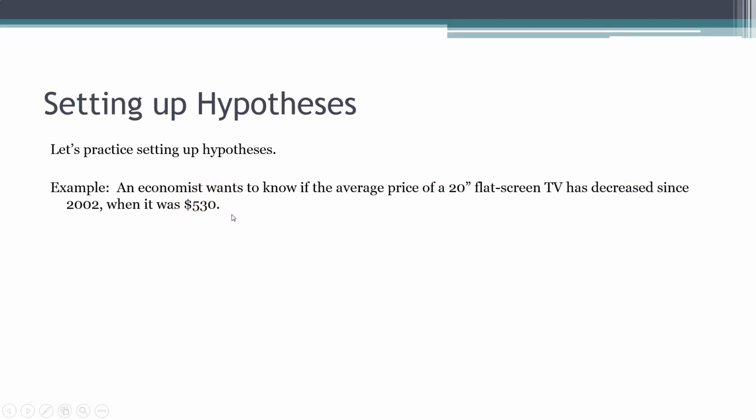So the alternative hypothesis is going to be mu less than 530, which tells us that the null hypothesis is going to be mu equals 530. And I know I'm stating the alternative hypothesis first, but we always list the null hypothesis first. But you want to think about setting up the alternative hypothesis. So write down the null first, but set up the alternative first.